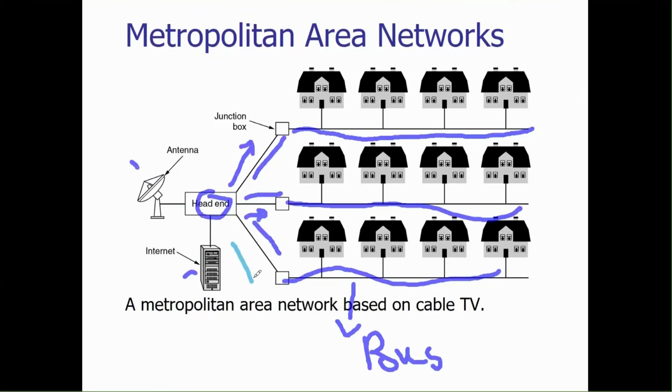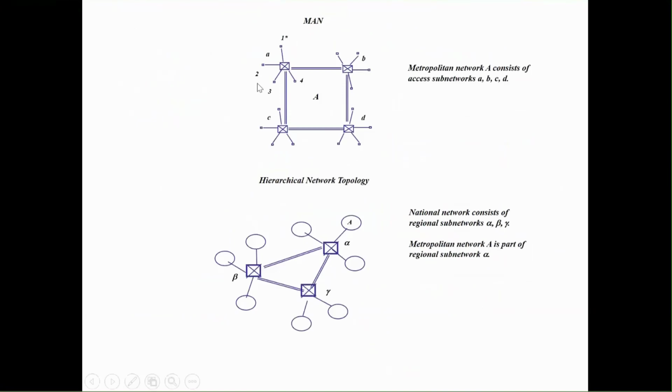So this is what we refer to as a typical metropolitan area network. Again, multiple queues, as you can see. So DQDB, for example: we have 2 buses and a distributed queue. Distributed queue dual bus. Okay?